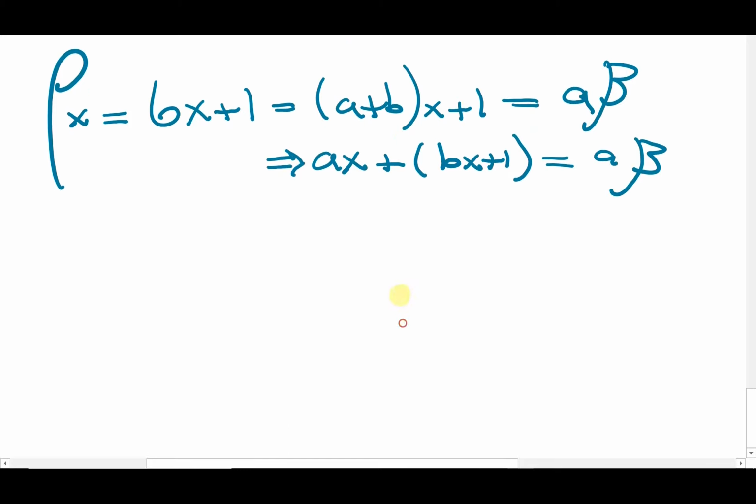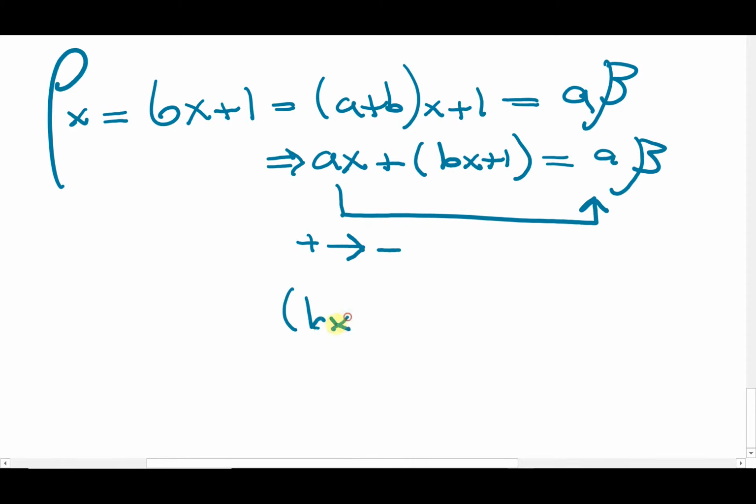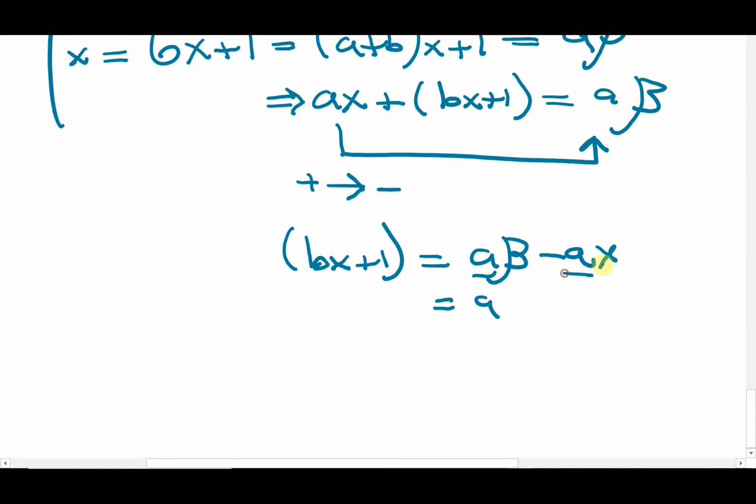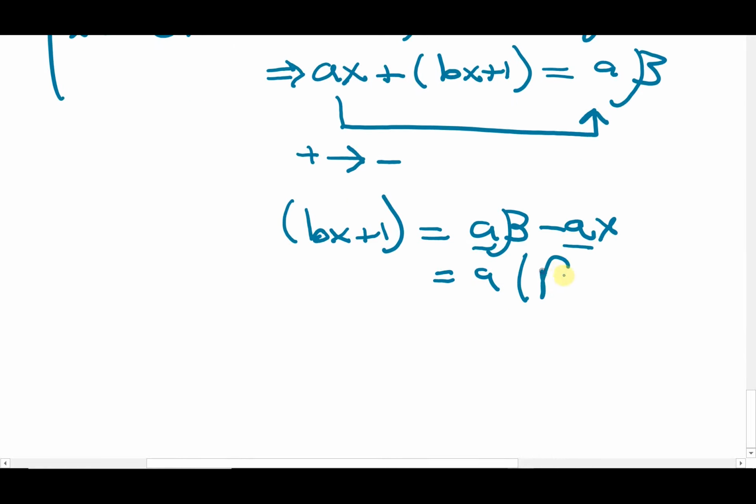So this implies, and then what we can do here is bring ax over here, and so anytime you do this, you take a positive, ax is a positive value, and you convert it to a negative. So by subtracting ax from both sides, we end up getting bx plus 1 equals a beta minus ax, which has a common coefficient right here. So it's a times beta minus x.